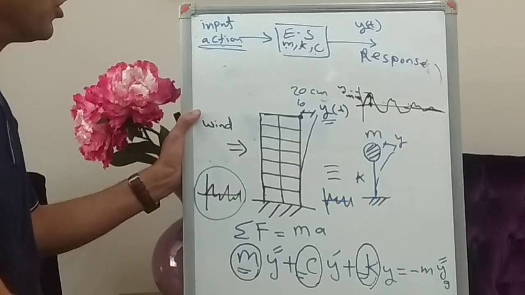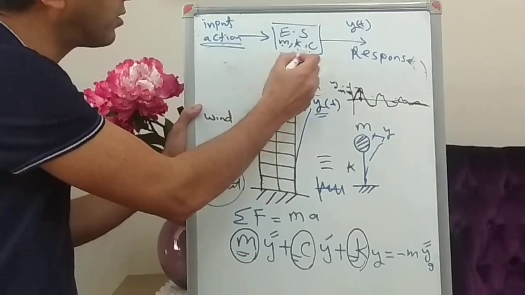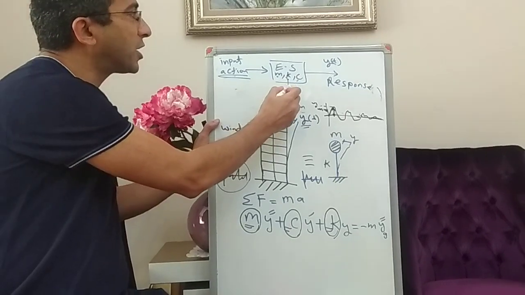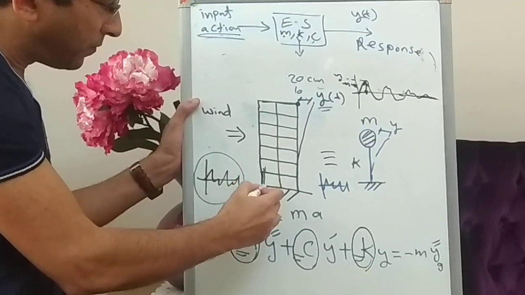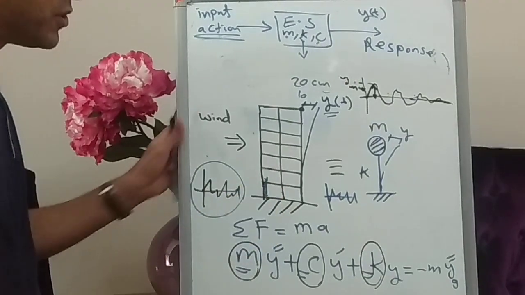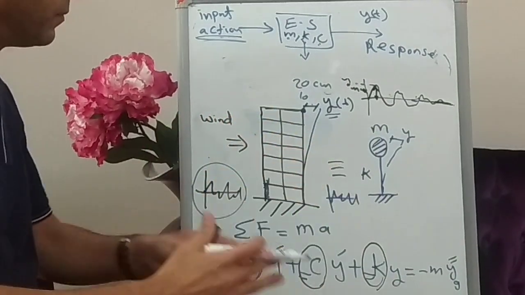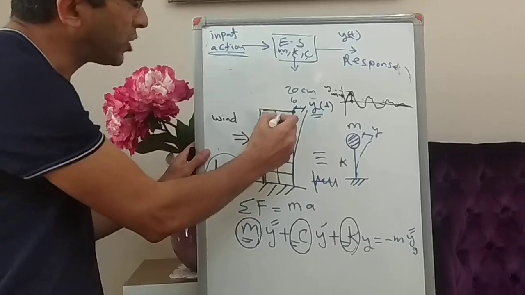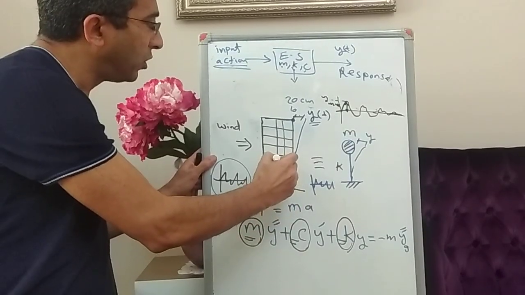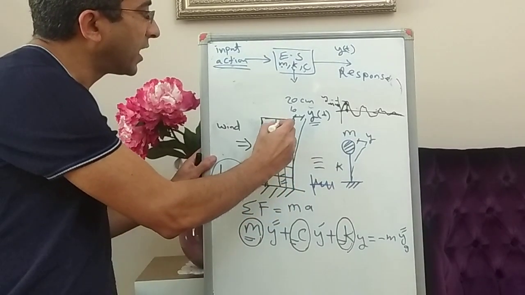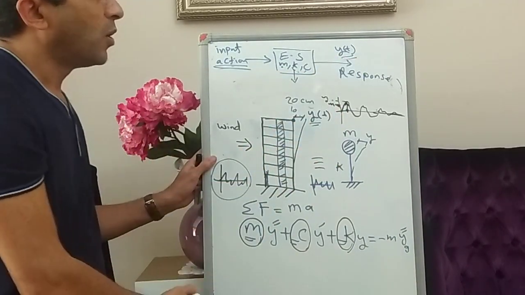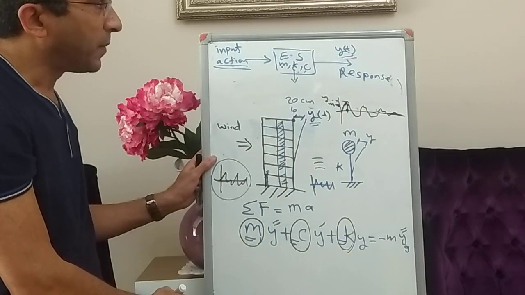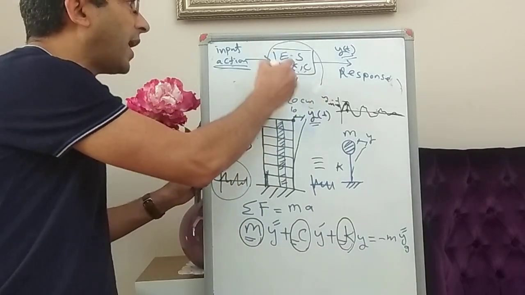Then you can change the characteristics of the system. You can change the stiffness. For example, you may increase the thickness of the columns. You make larger columns, or you make a shear wall, a wall here. In this case, the stiffness will increase, and as a result, your response will reduce. So these are in your hands.